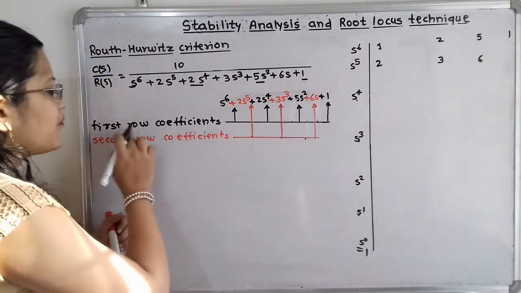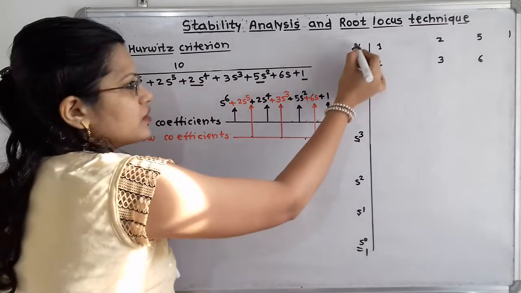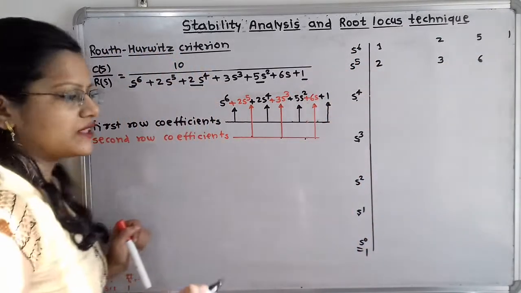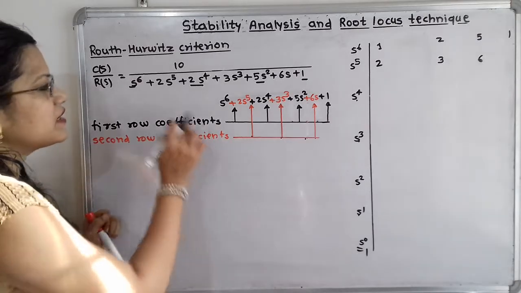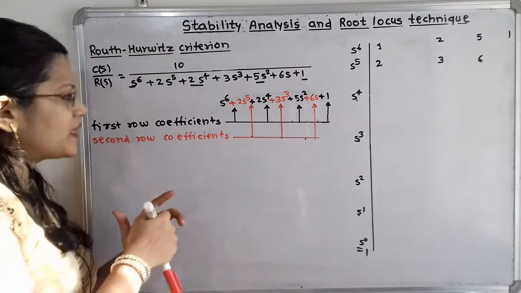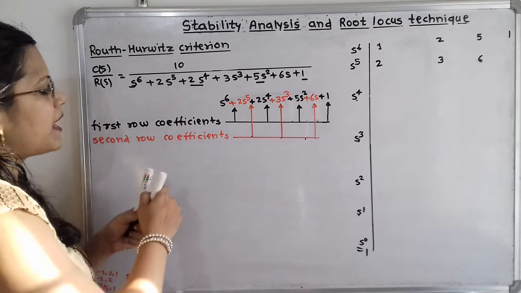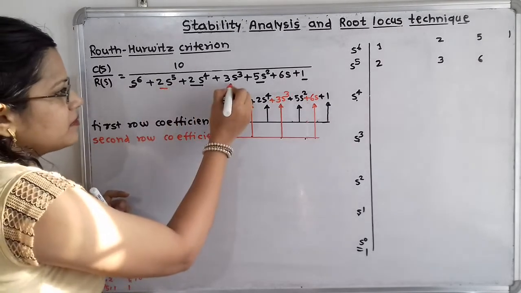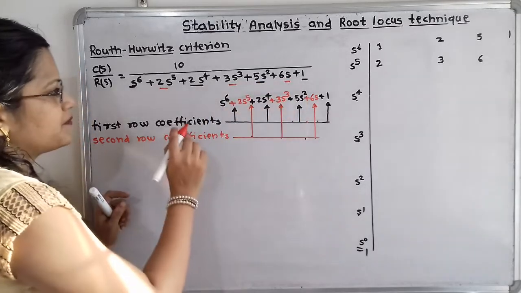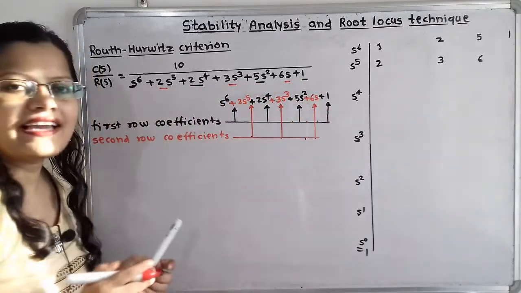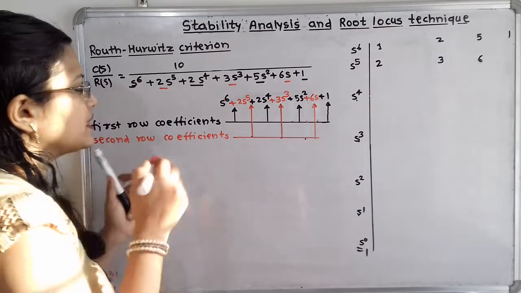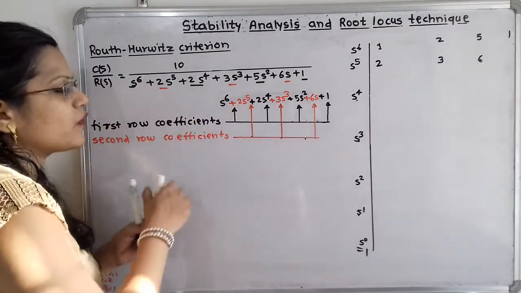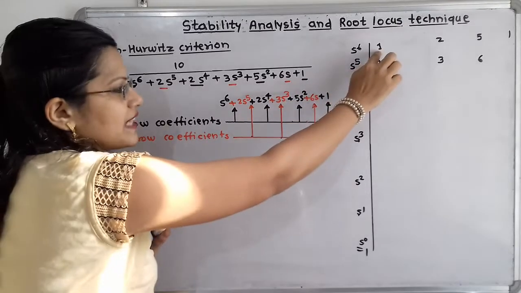Now the first row coefficients we plot in front of s raised to 6, and for the second row we select the remaining coefficients. I will mark them with the red marker, that is the second number, then the 4th, and then the 6th. Now we analyze the coefficients. For s raised to 6 the coefficient is 1.